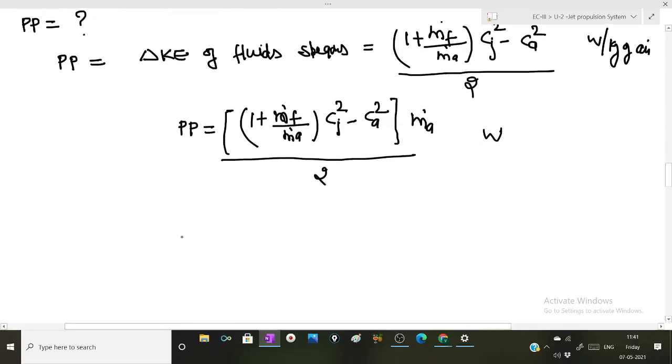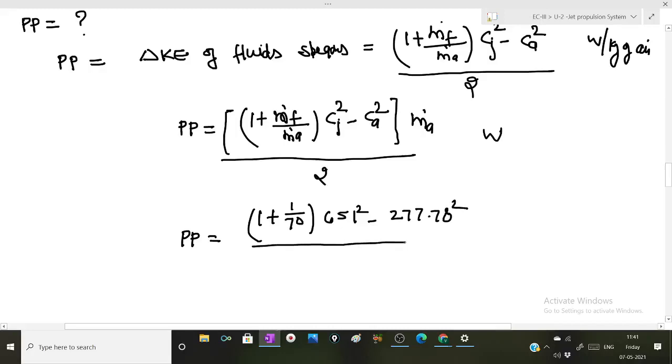Let us put all the values. 1 plus 1 over 70, 651 square minus 277.78 square, divided by 2 into 60 kg per second.